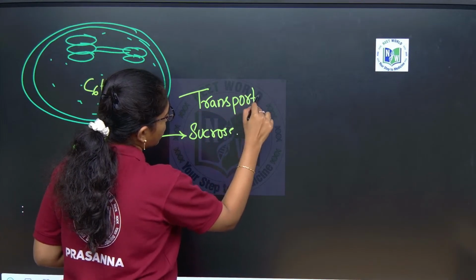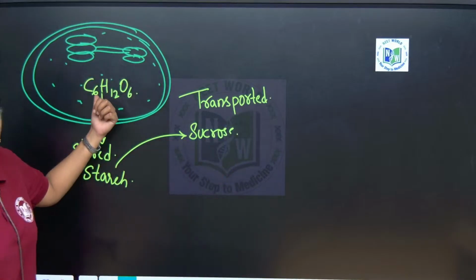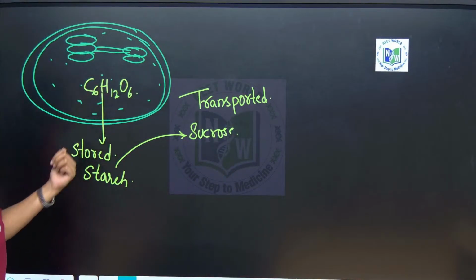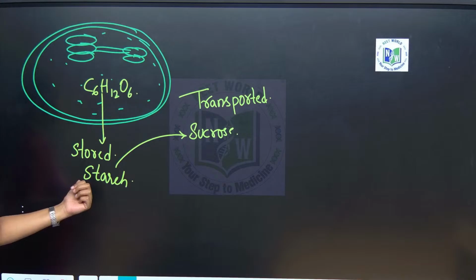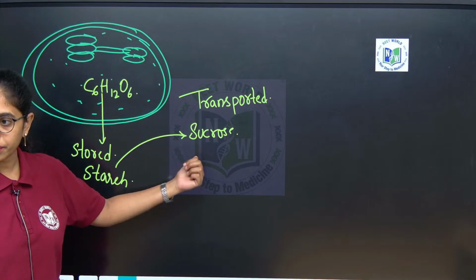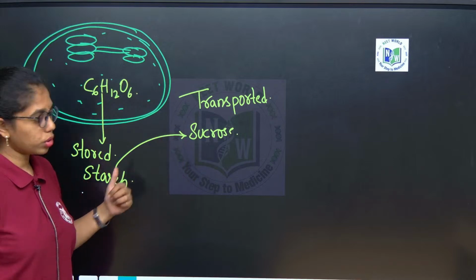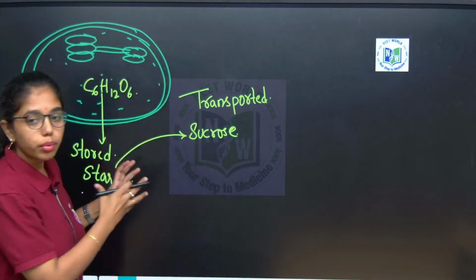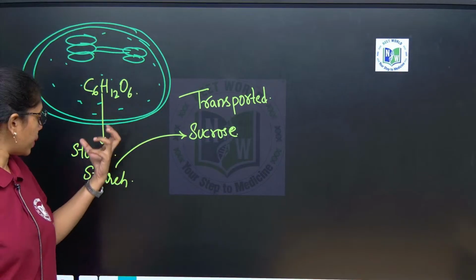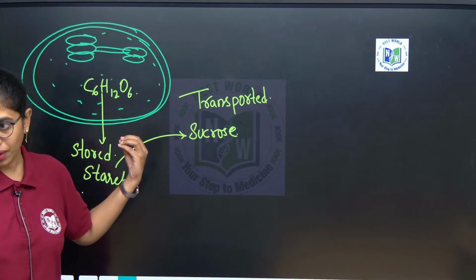Glucose which is formed at the end of photosynthesis, if it has to be stored, will be stored in the form of starch. If it has to be transported, it will be transported in the form of sucrose. So now the food material is prepared. Some material is being stored, some is being transported.